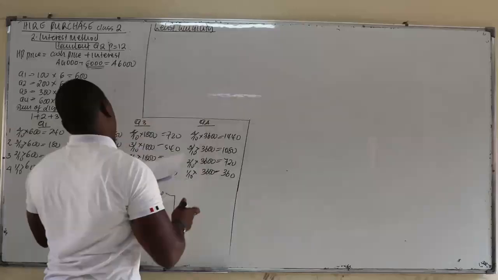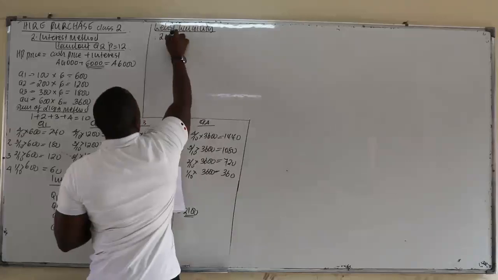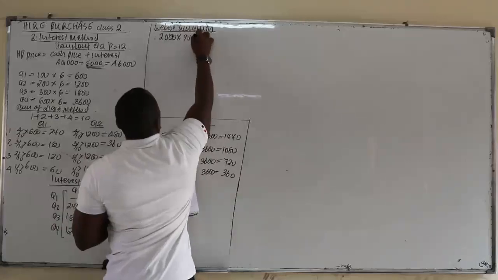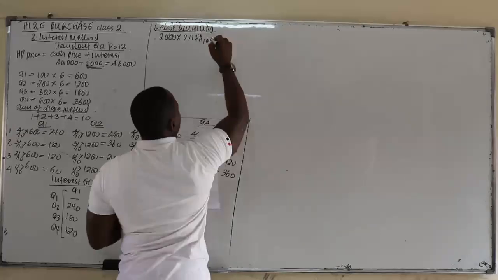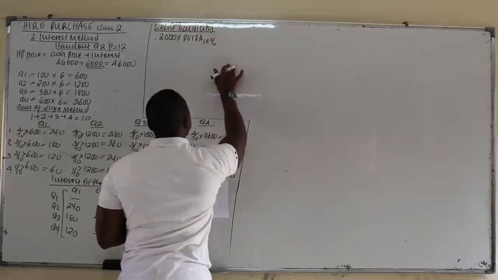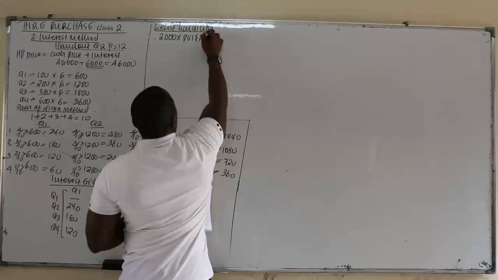Now, our lease rental per year is 2 million. Present value interest factor of annuity. The cost of capital is 10% for a period of how many years? 4 years.